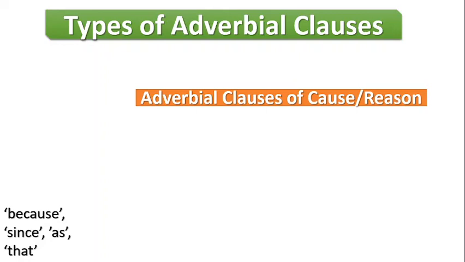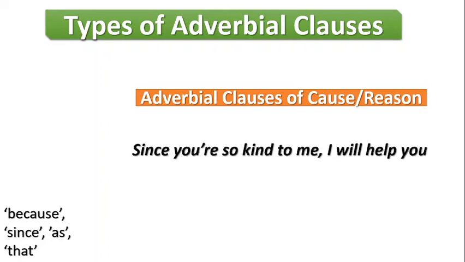So when you see these conjunctions, you are likely to see an adverbial clause of reason or adverbial clause of cause. Let's take an example. I listen to classical music because it sounds beautiful.